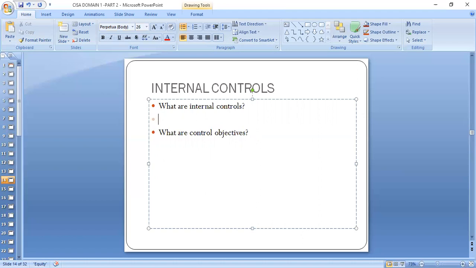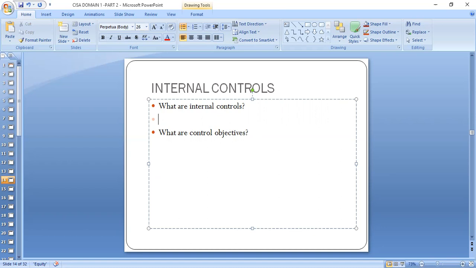Internal controls basically help the organization achieve its objectives, block unwanted practices, and encourage desired practices. Honestly, in layman's language, that is the description of internal controls.